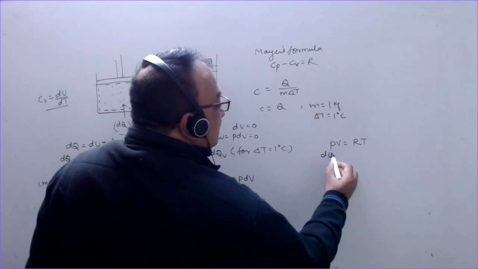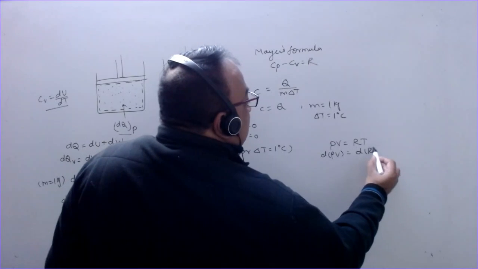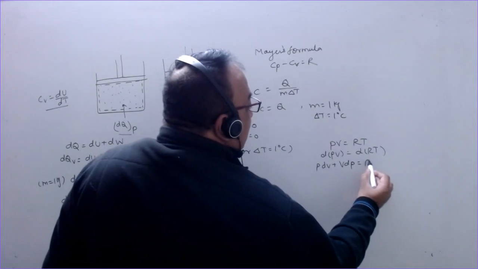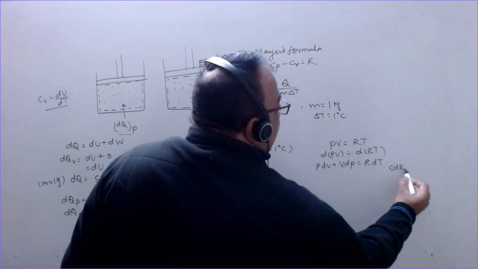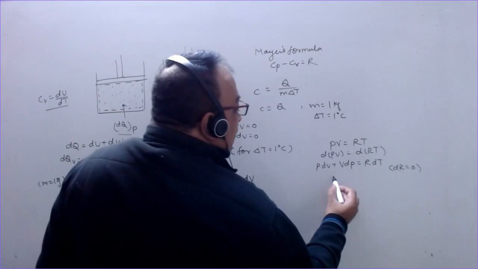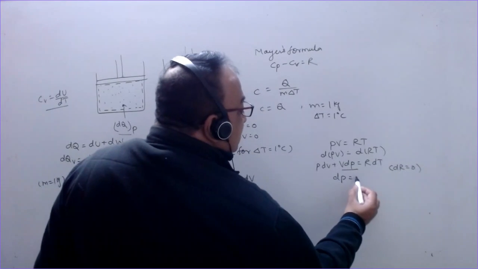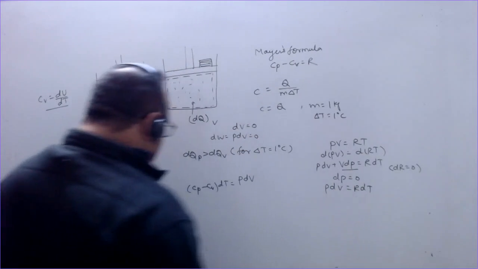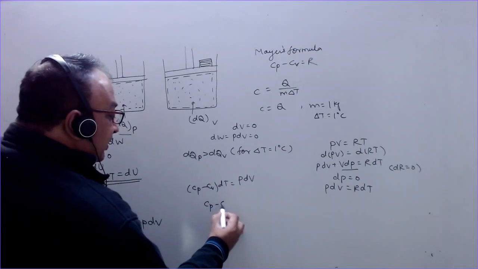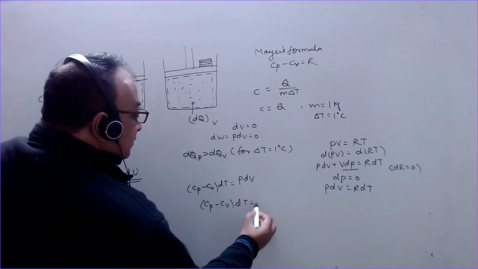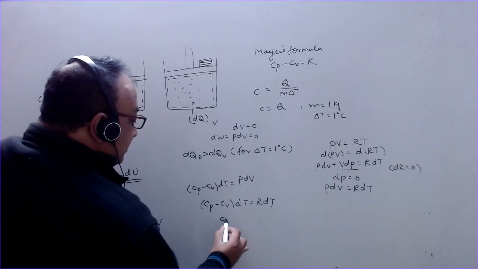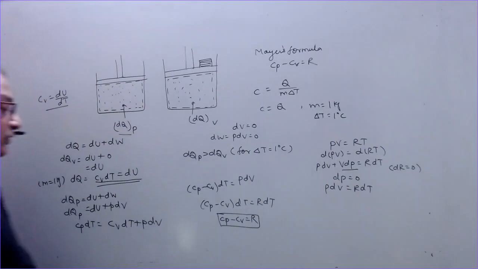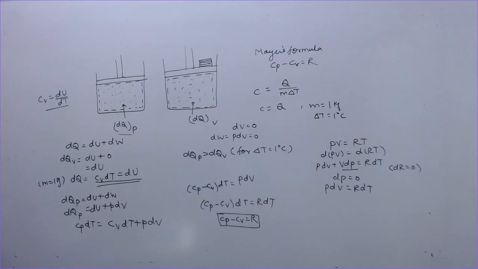Differentiating both sides, we get P dV plus V dP is R dT. R is a constant, so dR is 0. Now for constant volume, this term is 0. For constant pressure, dP is 0. So P dV is equal to R dT. So we can write Cp minus Cv times dT is equal to R dT, or further I can write Cp minus Cv equal to R. So friends, this is how we can prove Mayer's relation.